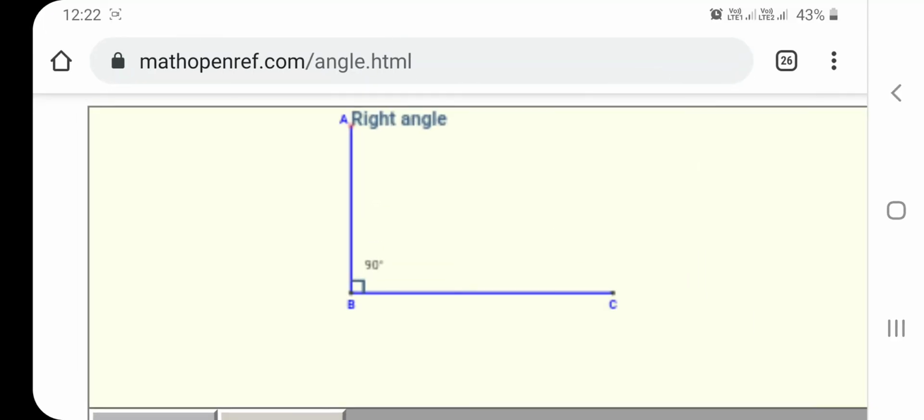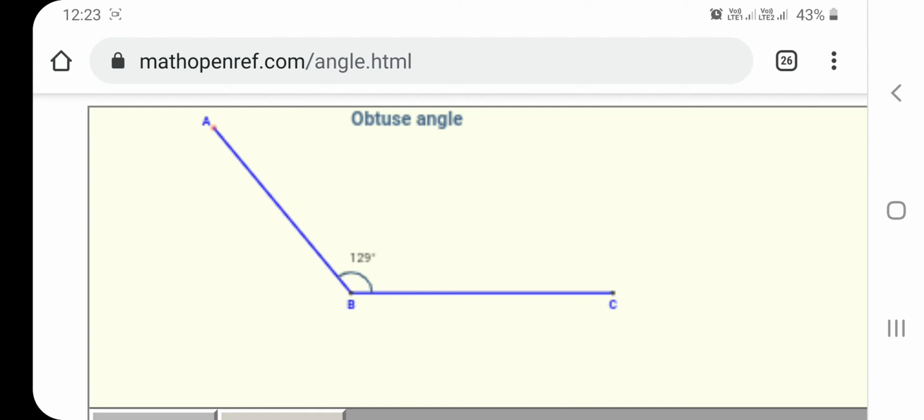This is a right angle. If I drag more than 90, this is 100, that is an obtuse angle.